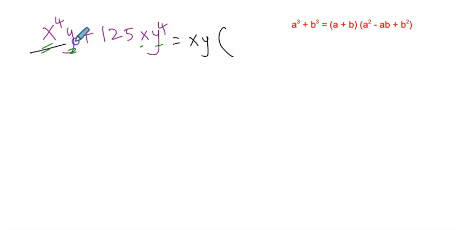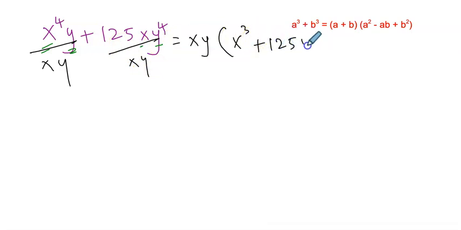So when you divide this, y and y cancel. X to the 4 divided by x gives us x cubed, like I showed all the time. And this divided by x y, x and x cancel. Y to the 4th divided by y is y cubed. And 125 is carried.